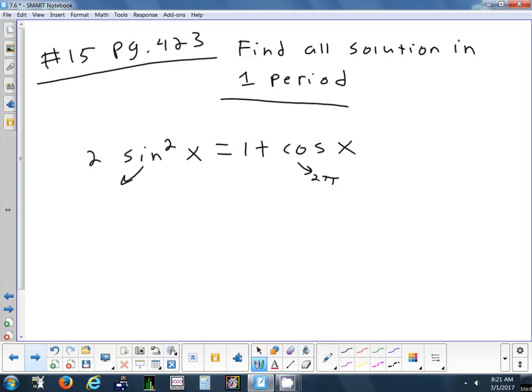Just pi. If there was a 2 in front of the x, that would change something. But sine to an even power, the period is pi. What's the least common multiple of those two numbers? 2 pi.